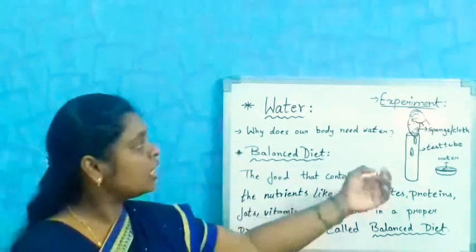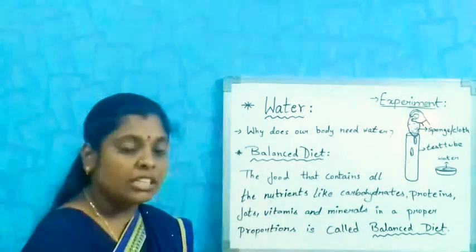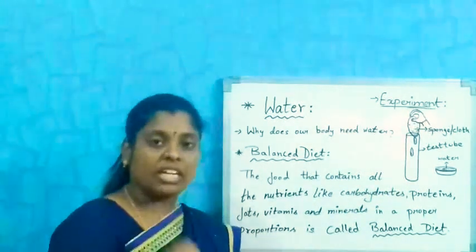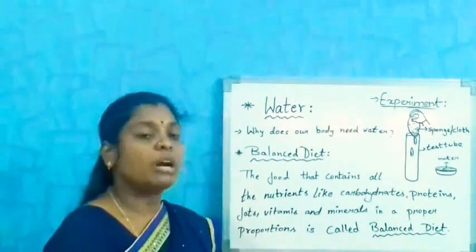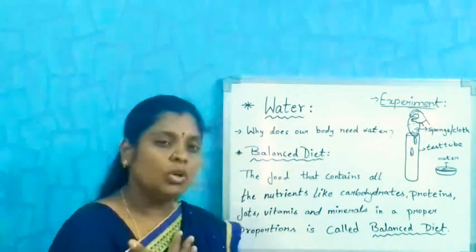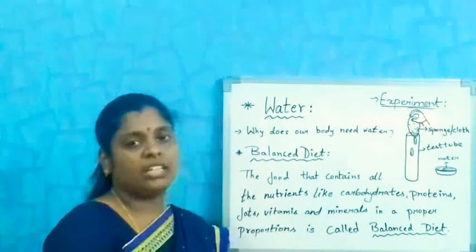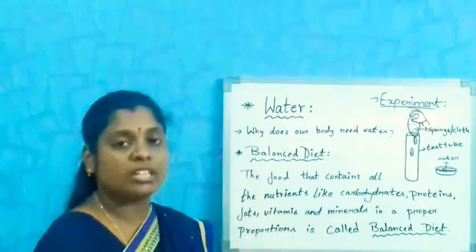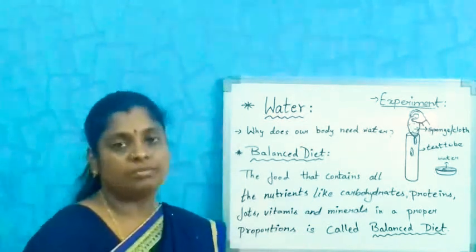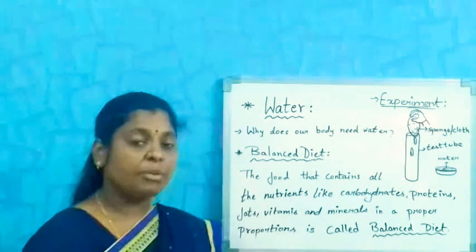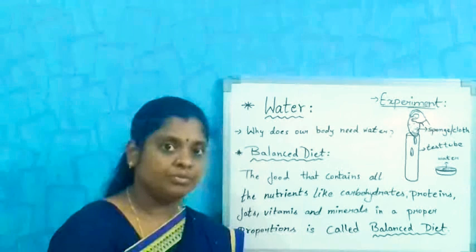Just as the wet cloth or sponge enters the pipe easily, the water in food helps to move the food from the esophagus, that is the food pipe, to our stomach easily, and in the stomach also this water is helpful in the process of digestion. So we must consume more water regularly.